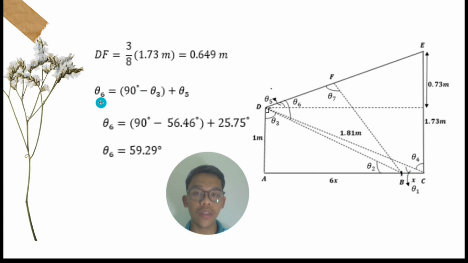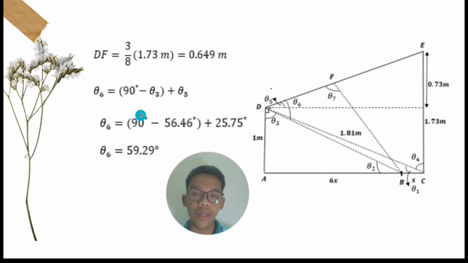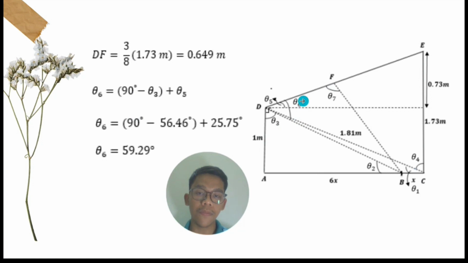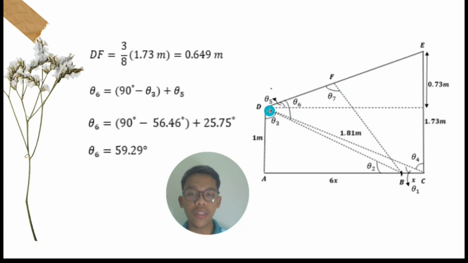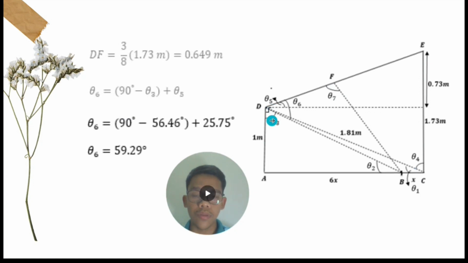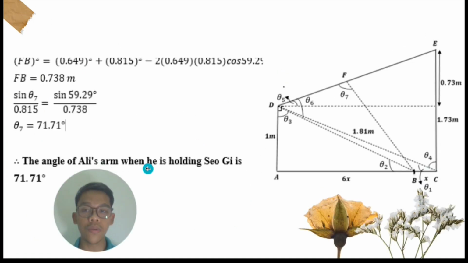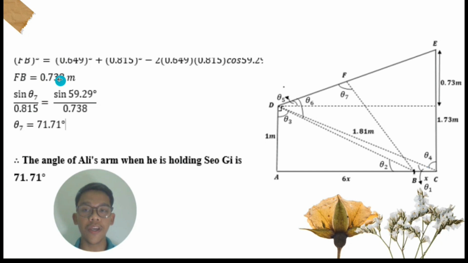Right now, we can find theta 6 by 90 degrees minus theta 3 plus theta 5, and the value of theta 6 is 59.29. To finalize our solution, we need to find FB. For FB, we use the cosine rule, and we get FB equal to 0.738 meters.